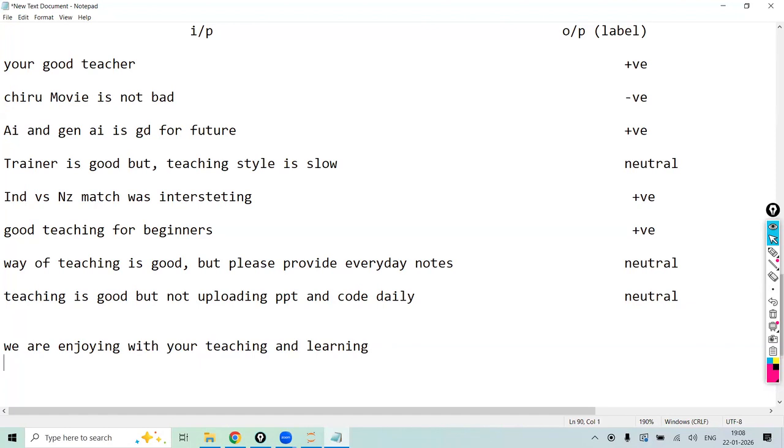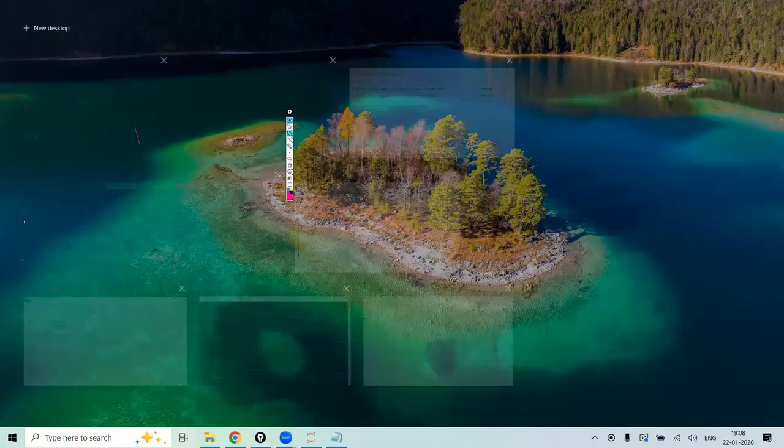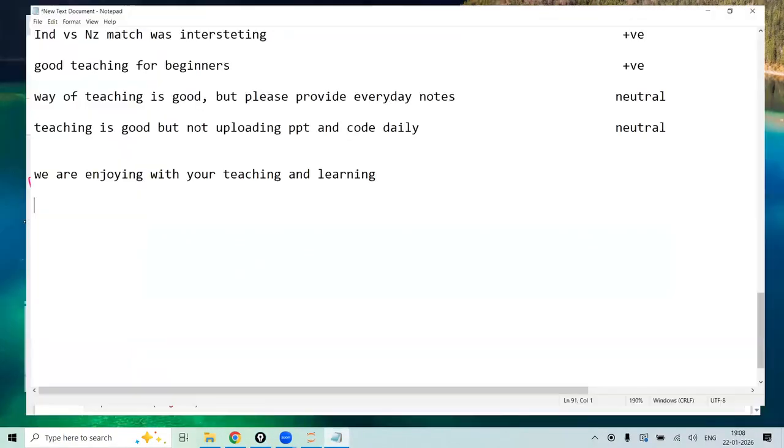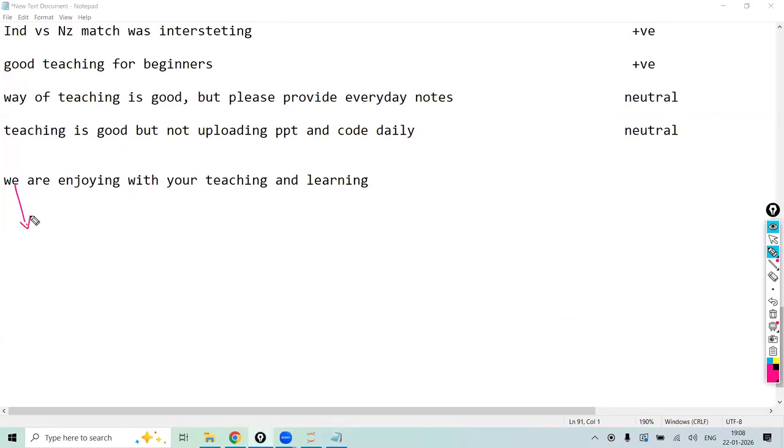Like this, for each and every word, first it will be observed within the train data. In the train data, within the positives, how many times was it repeated? In the negatives, how many times? In the neutral, how many times?